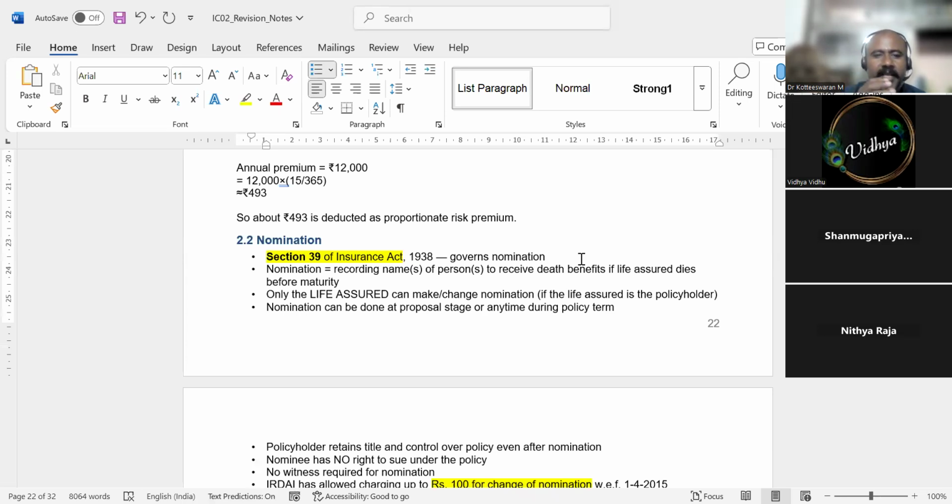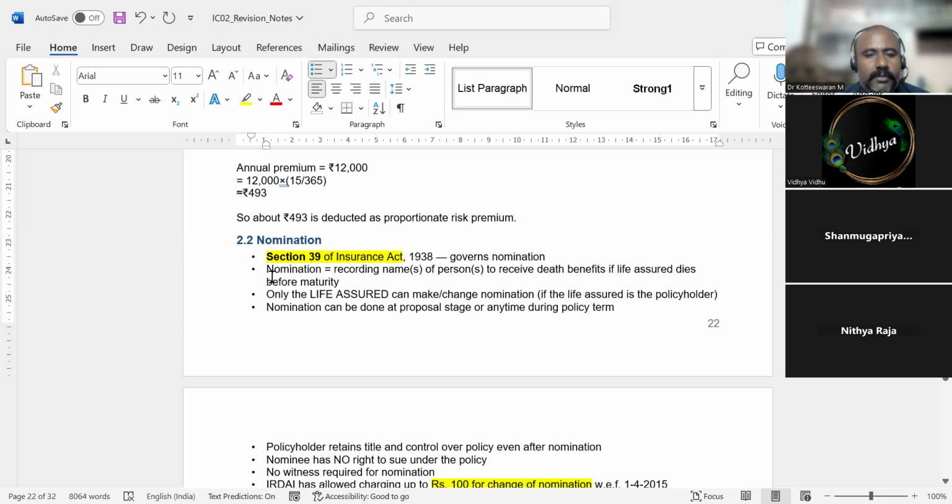This nominee is not only for insurance. In everything they will ask for a nominee. If you have a bank account, you will have a nominee: if you die, to whom should we give the money in the bank? If you have a PF account, to whom should the PF go if you die? This is called a nominee. So a nominee should be there for all insurance policies.